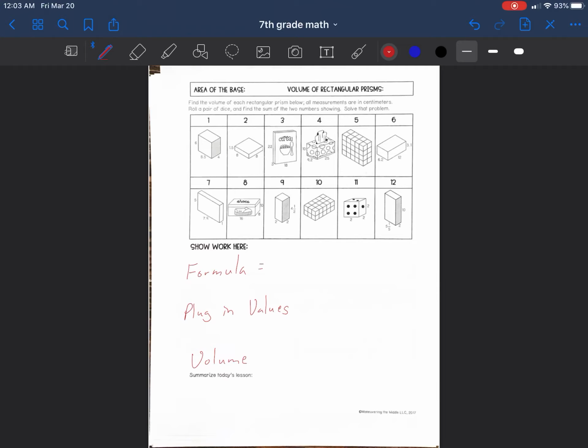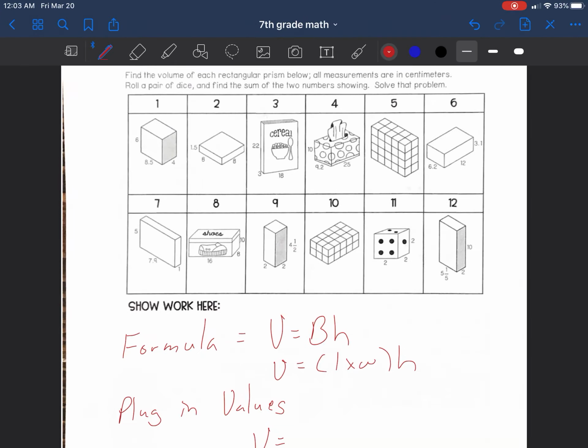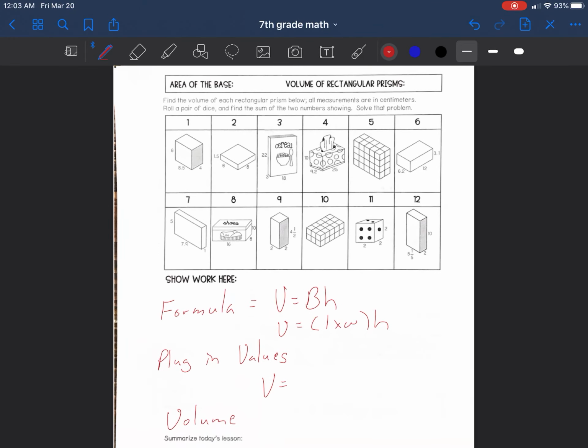So we know the formula is V equals capital B times H, which also stands for V equals length times width times the height. Then we plug in our values. So for number 1, our base is 8.5 times 4, times the height, which is 6.